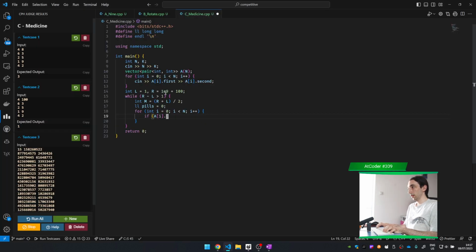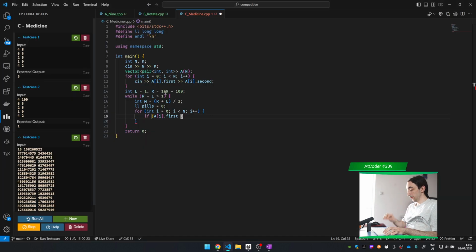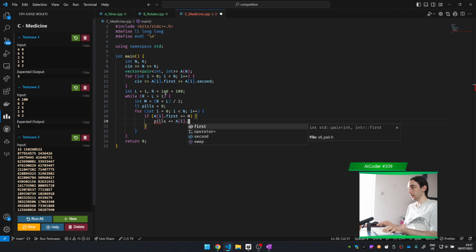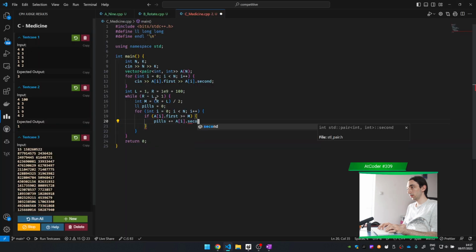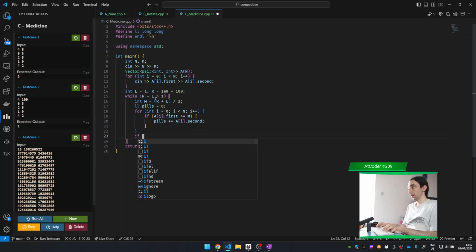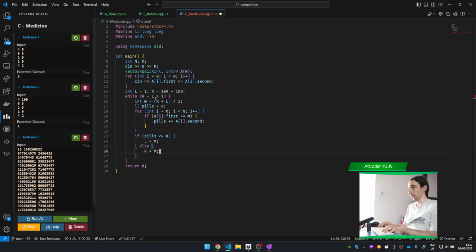If a_i.first is, so this is this day, so bigger or equal to m, pills plus equal a_i.second. If pills is smaller or equal to K, L is m, else R is m.